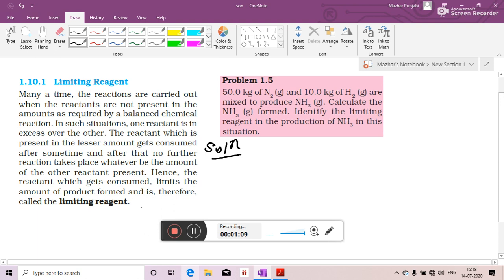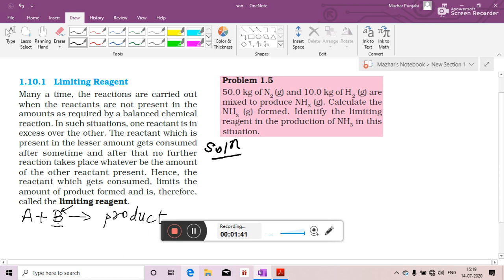So, if you have two reactants, suppose we are having two reactants A and B, and they react with each other to form product. So, out of the two, if B is in less amount as compared to a balanced equation, then in that case B will be known as limiting reagent.